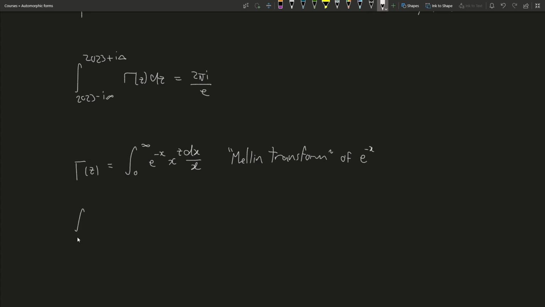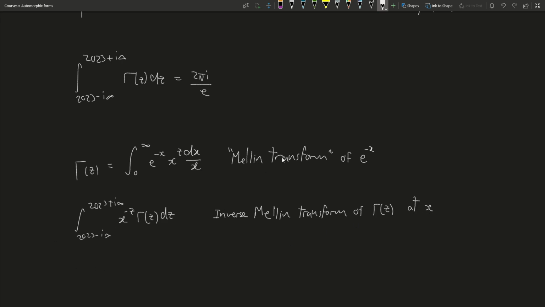So the integral from 2023 minus i infinity to 2023 plus i infinity of, now I'm going to write x to the minus z, gamma of z dz, this is the inverse Mellin transform of gamma of z at x.